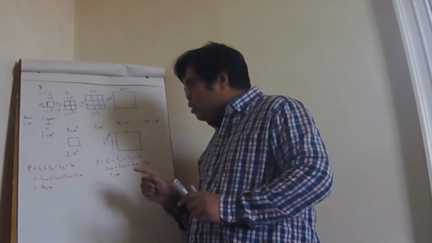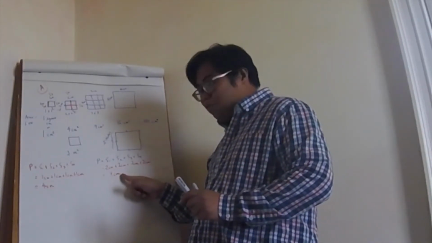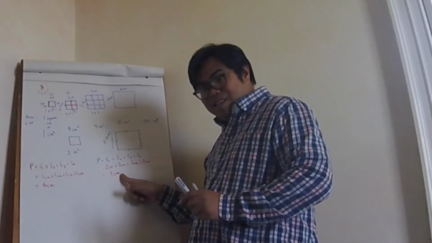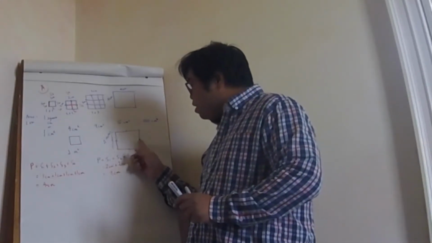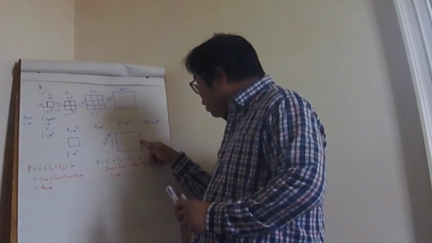Is it 8? Okay, the perimeter of the square is, you're right, 8 centimeters. And the area of the square is? Watch me carefully. When we talk about perimeter, we talk about the outside: 1, 2, 3, 4, 5, 6, 7, 8.